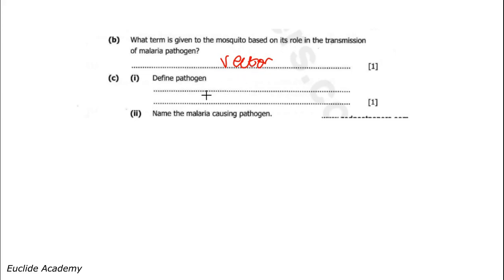A vector does not cause the infection, but rather it transmits a pathogen that causes the infection. So the term given to the mosquito here is the vector, which carries the disease cause, the pathogen. Okay, which brings us to question C1.